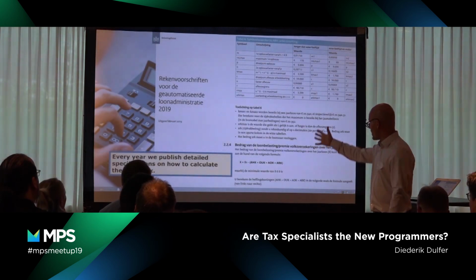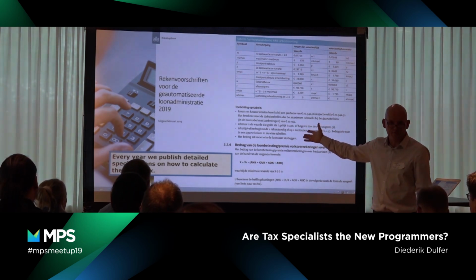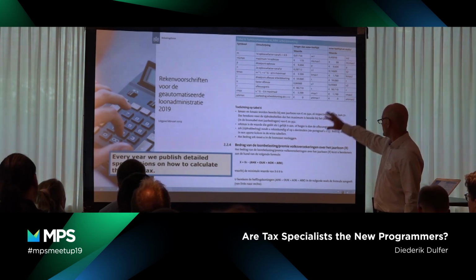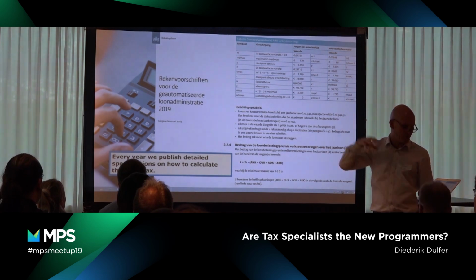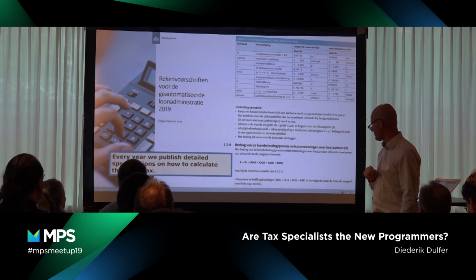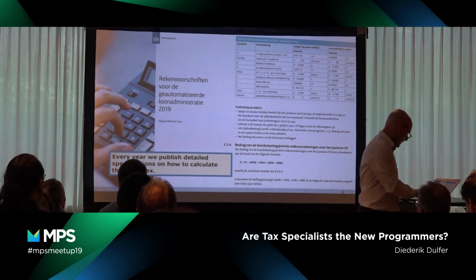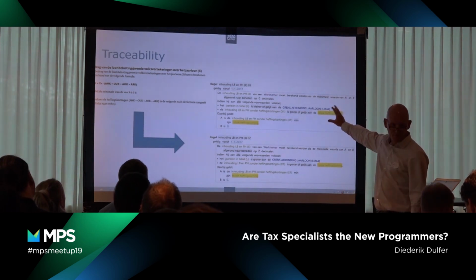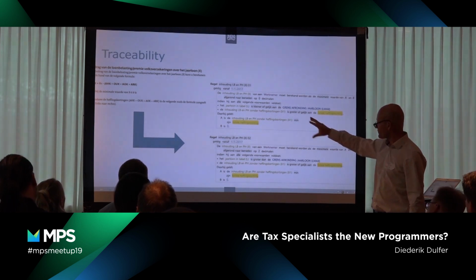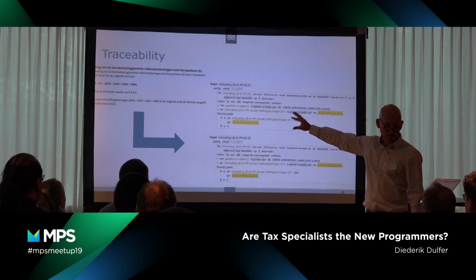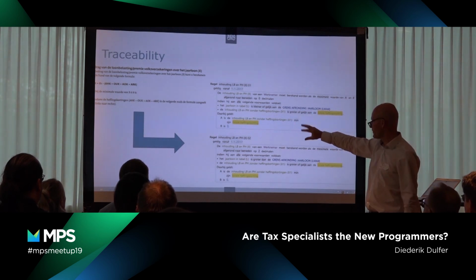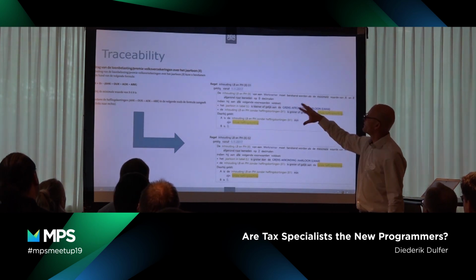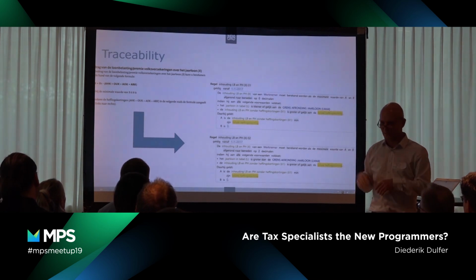So this is an example of the specifications that we publish every year. You can also find it on our website, and in detail it explains how you do this calculation. Based on that document, we made rules in Aleph again. And of course we made sure that it is as traceable as possible, so the same variable names are found back to make sure that everybody knows what they mean.